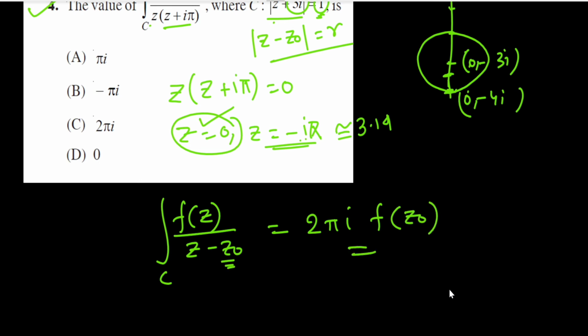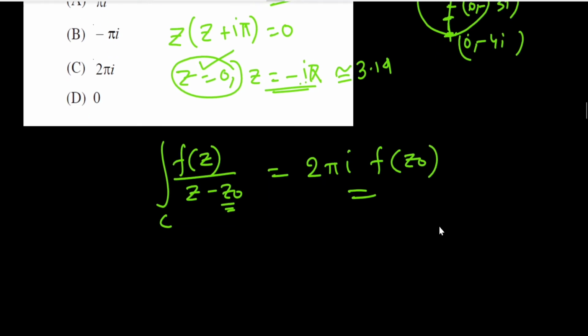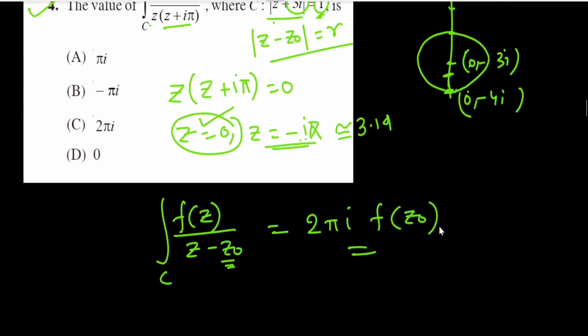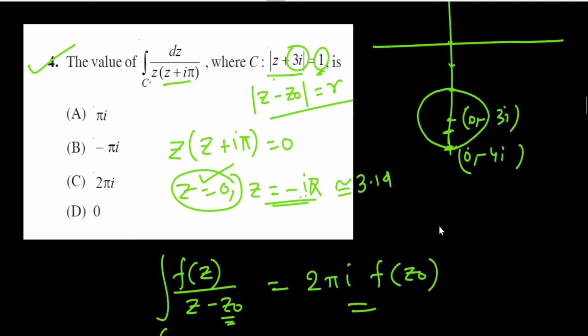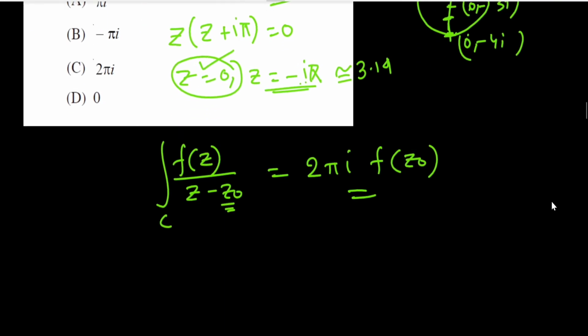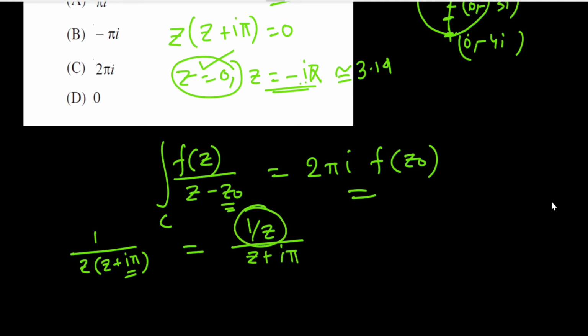So we use this formula here. Here we take f(z) equal to 1 by z. We write the function as 1 by z into z plus iota pi. This is the point of singularity, so we write it as 1 by z plus iota pi. We take this function as f(z), so f(z) equal to 1 by z.